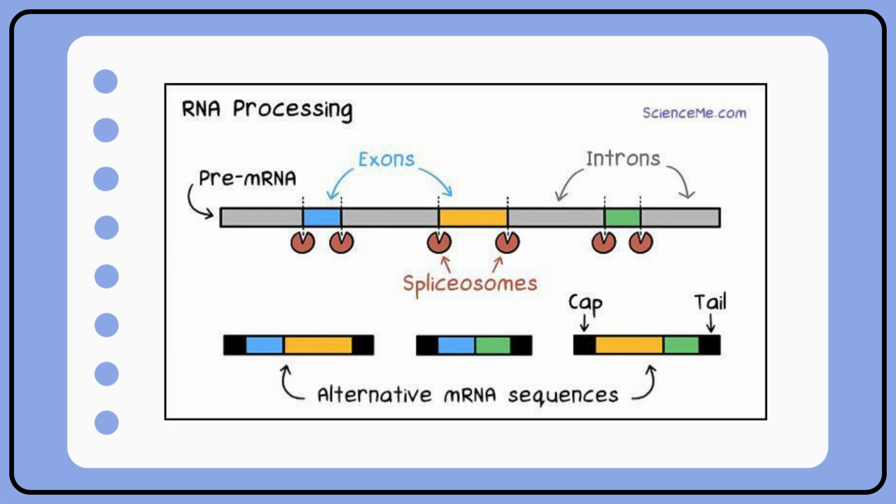But before this RNA can leave the nucleus and make protein, the cell's machinery acts like a sophisticated editor, which means that the cell can selectively cut out and discard certain exons and splice together only the ones it wants. And then from that single raw draft RNA, the cell can assemble several different final mRNA messages. And each final message can lead to a slightly different product, which we know as isoforms.